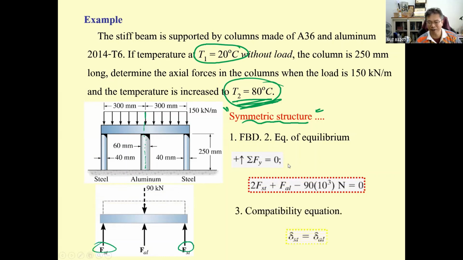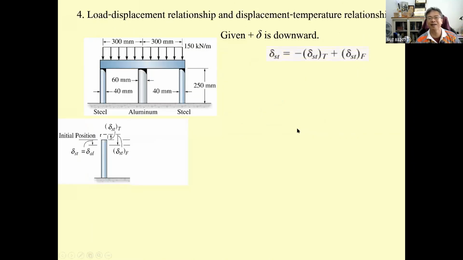But for the compatibility condition, even though they are going to have the same shortening as before, this time the temperature is involved in this problem. So it's going to be harder than before. In the steel, again, there are two things.